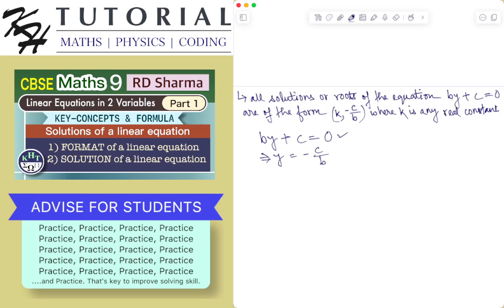So I can consider any ordered pair of the form k comma minus c by b, and this will be a root of the equation by plus c equals to 0, considering it as a linear equation in two variables x and y. In all the solutions, the y value will always be minus c by b, which I get by solving the equation by plus c equals to 0.